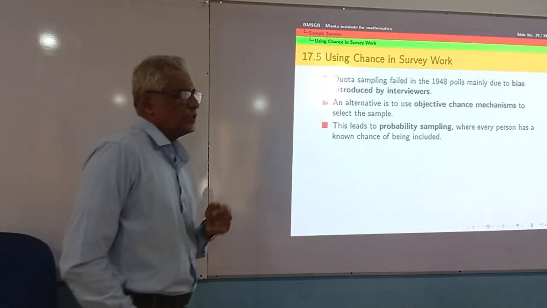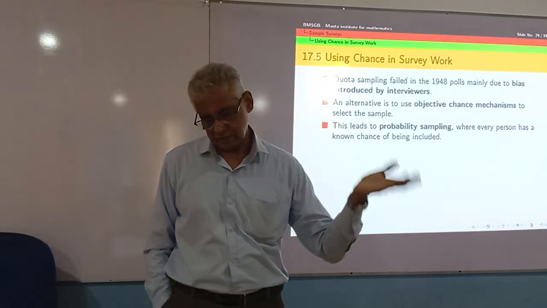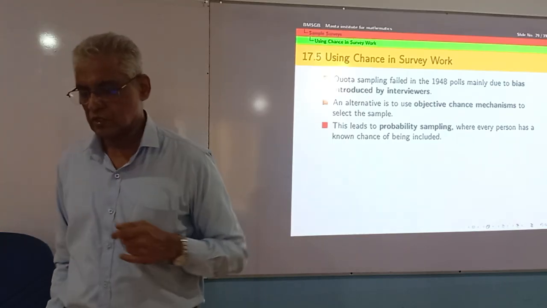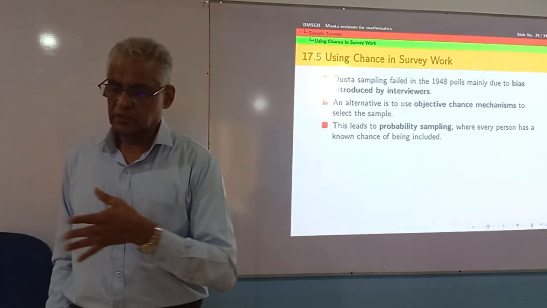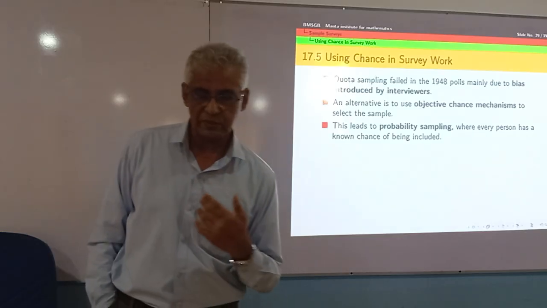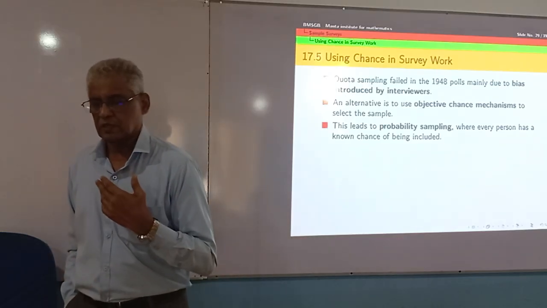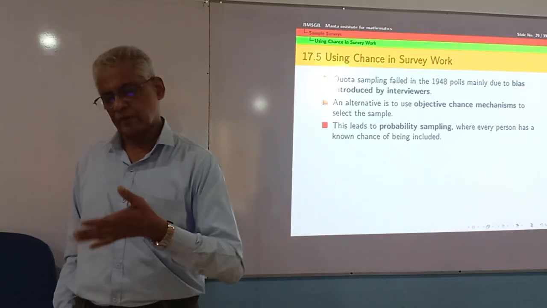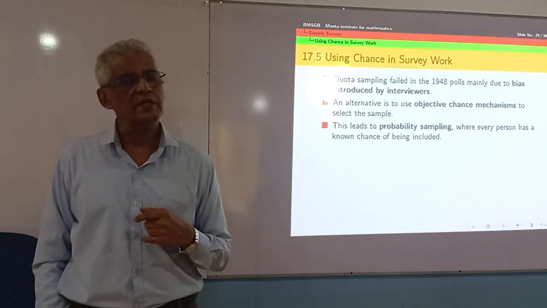So both of these studies, the previous one, Roosevelt's election, and this one, Truman's, show that non-random sampling methods are not very good, and whenever possible, use random sampling methods.